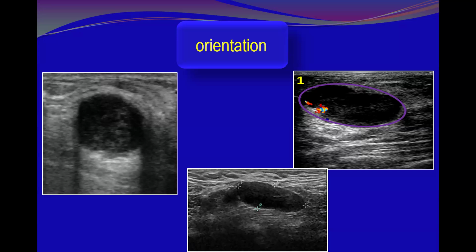If you mean number one, this is parallel. Okay, why is it parallel? Because, though it's slightly oblique, its longest diameter, or its transverse diameter, is more than... it is not exactly parallel to the skin.